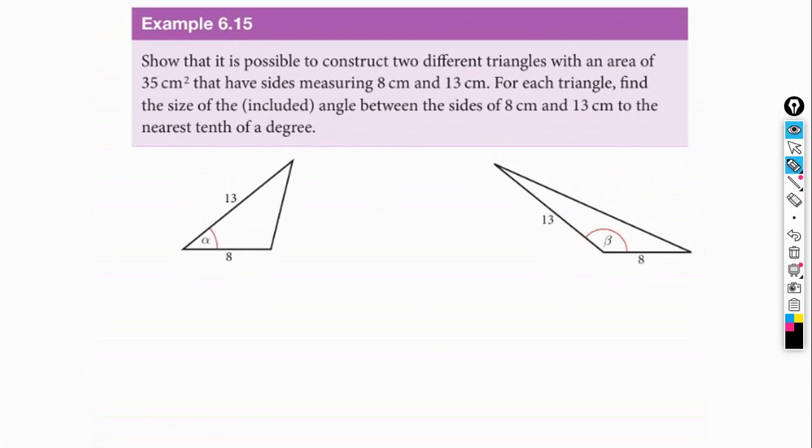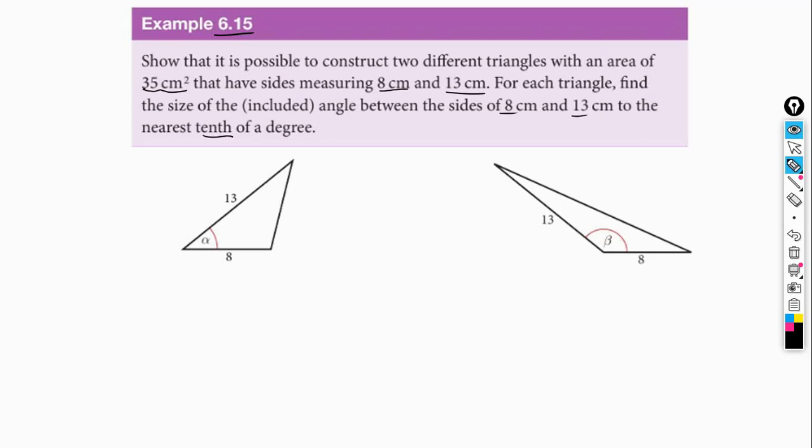So we continue with example 6.15, and it says, show that it is possible to construct two different triangles with an area of 35 centimeters squared that have sides measuring 8 centimeters and 13 centimeters. For each triangle, find the size of the included angle between the sides of 8 and 13 centimeters to the nearest tenth of a degree.